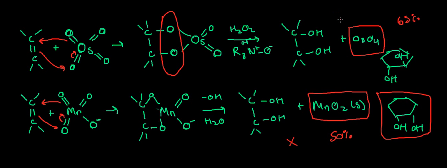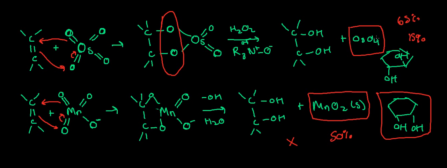But also another good way of looking at it is to think we're getting 15% more, and if it's at the final step of a synthesis, we can just look at the cost of 15% of all the previous products, or the previous reagents, and compare that to the cost of the osmium. And if the osmium is more, then we'll use permanganate. If it's less, then we'll just go ahead and use it.